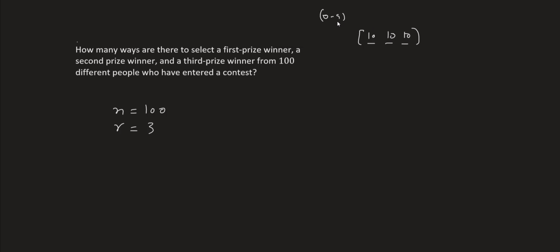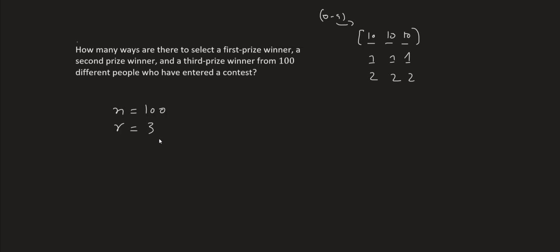So in that case, repetition was allowed. You can even have 1 here, 1 here, and 1 here, or 2, 2, 2. But in this case, it won't be allowed, because you cannot be the first prize winner, second prize winner, and the third prize winner at the same time.